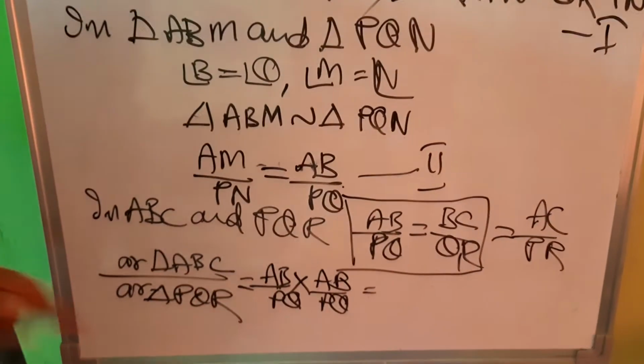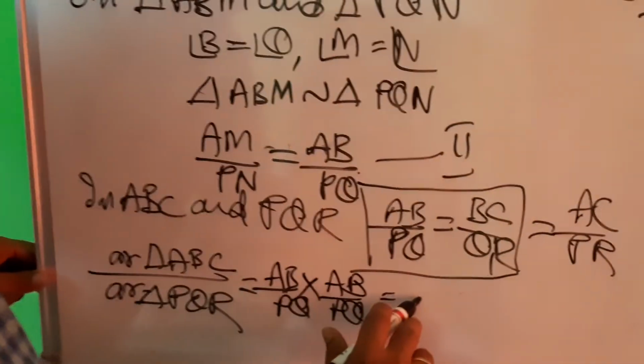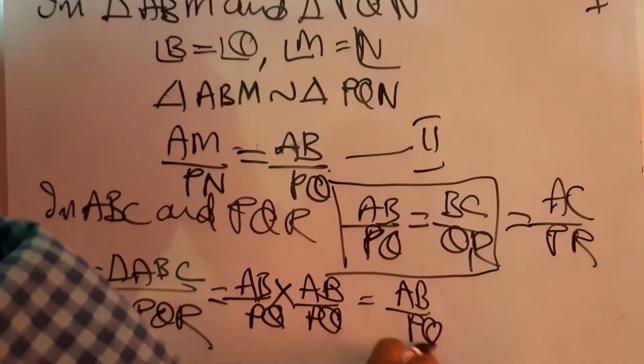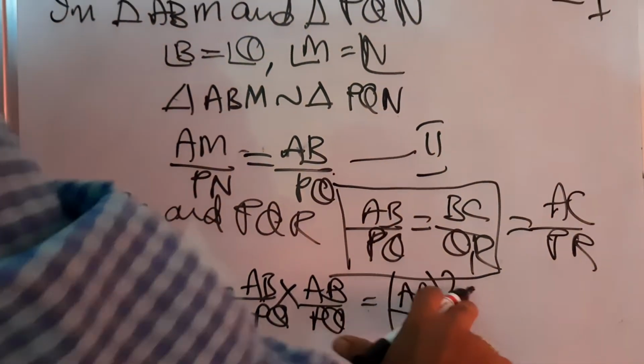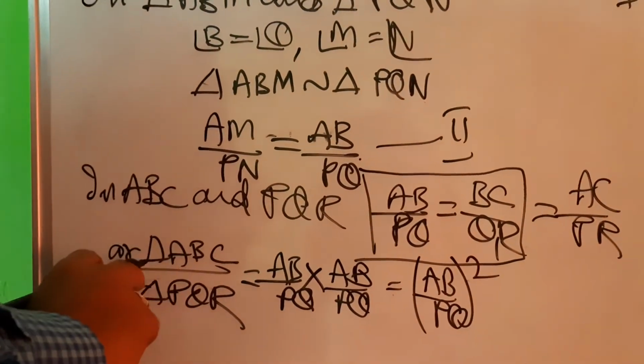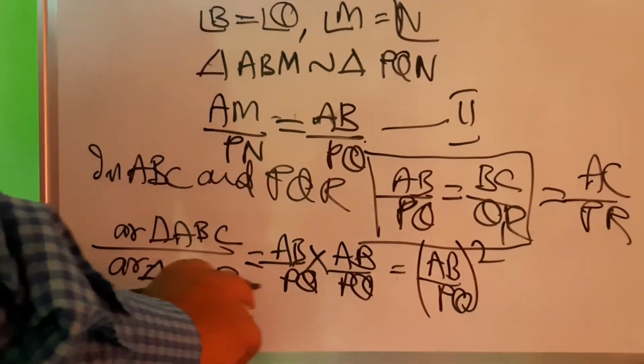So AB by PQ into AB by PQ is equal to AB by PQ whole square. Got it?